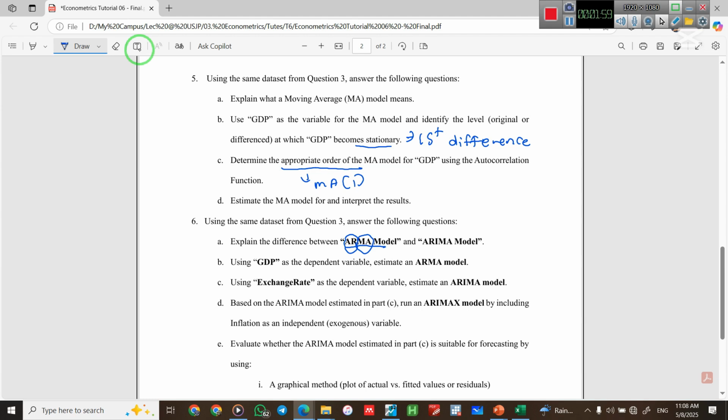But to run this ARMA model, there is a special condition that needs to be satisfied.